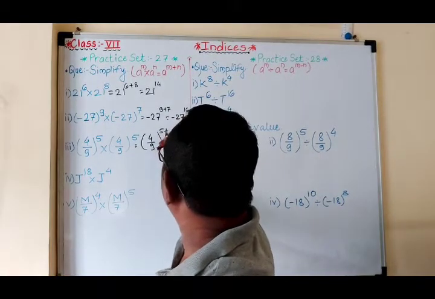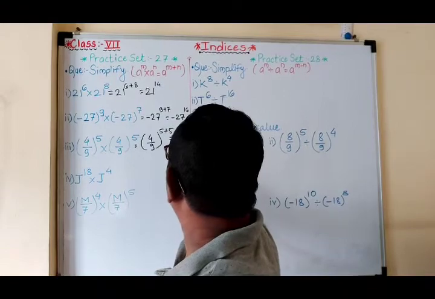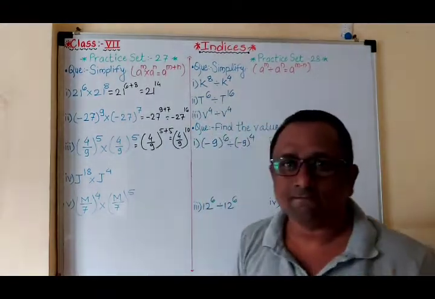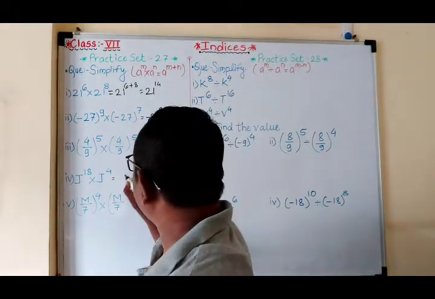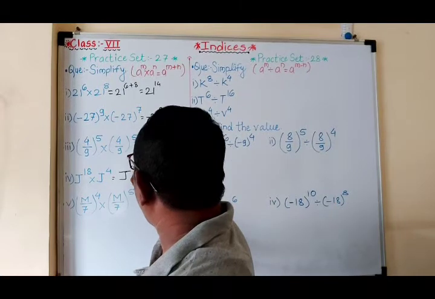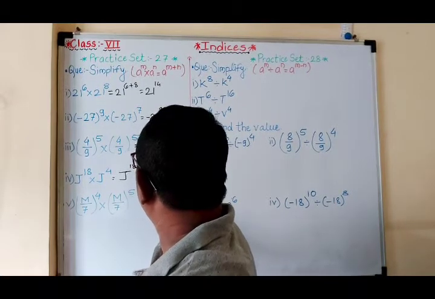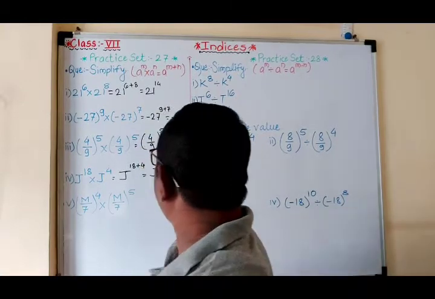So 5 plus 5 is equal to 4 upon 9 to the 5 plus 5, 10. Simple. Now next, take the base j, add the indices 18 plus 4, so is equal to j to the 22.